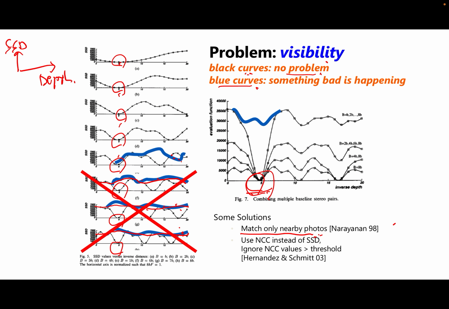It is safe to use only nearby images because cameras with very different rotation and position might produce very different images, and visibility of a point might be very different across different cameras. So this kind of blue curve might happen if we do not consider visibility. To consider visibility, we need to use only nearby photos.